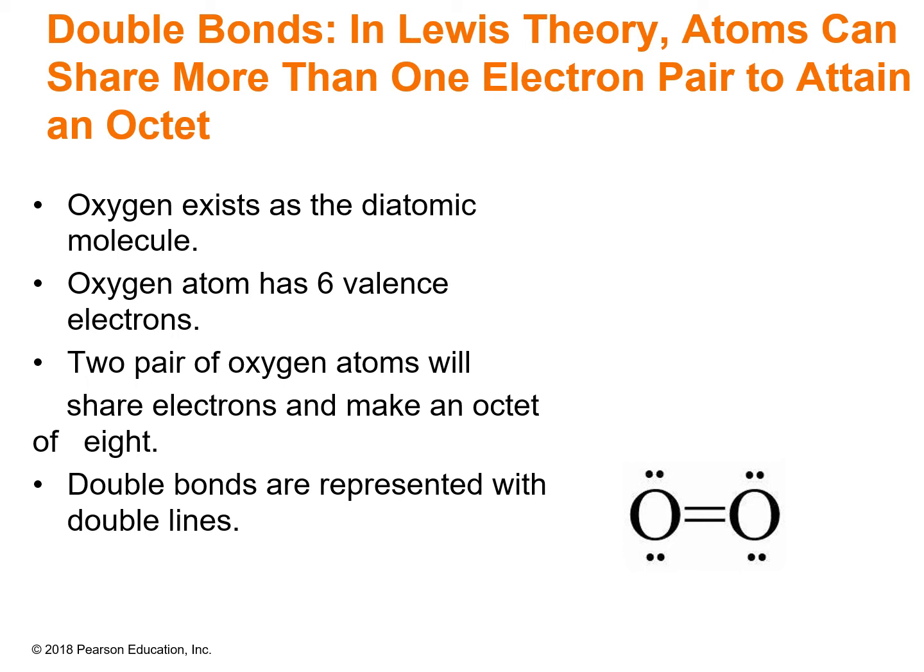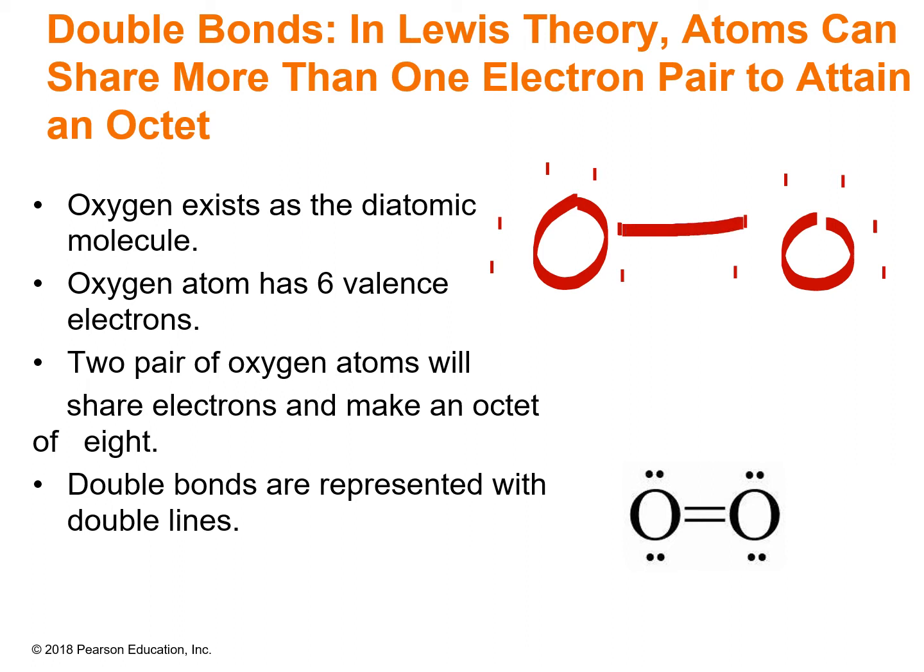The next example we're going to see is oxygen, and we'll see a double bond in a molecule of oxygen. Oxygen comes from group 6A, so it's going to have 6 electrons in its outermost shell, and it needs 2 more to have an octet of 8. So these 2 electrons are shared, and then these 2 electrons are shared, right? I would call this oxygen 1, oxygen 2.